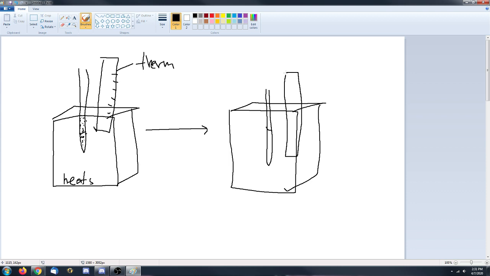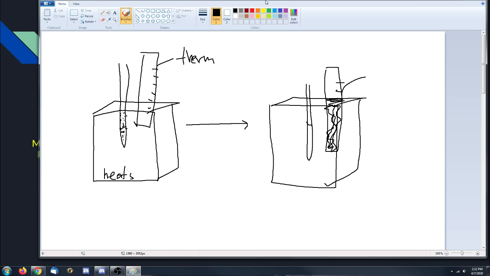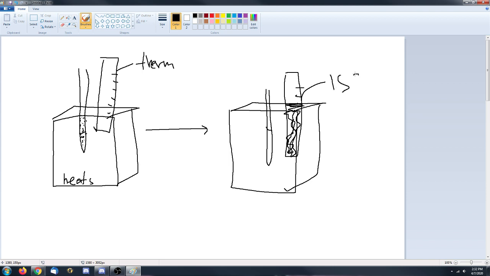So the moment we see that turns into a liquid, we know that our thermometer says, if this is aspirin, or sorry, we said salicylic acid, we know that this thermometer might say 159 degrees Celsius. So this is now a liquid. So hopefully that drawing kind of helps you there.